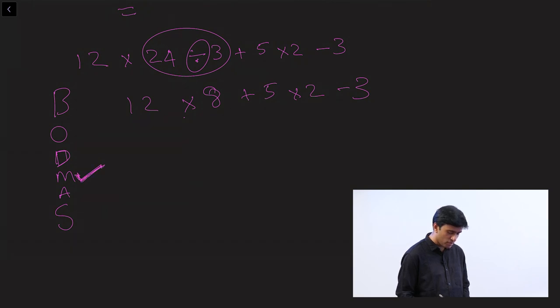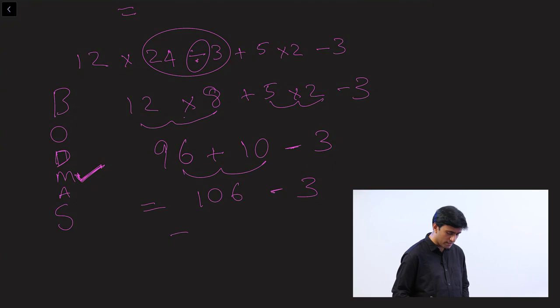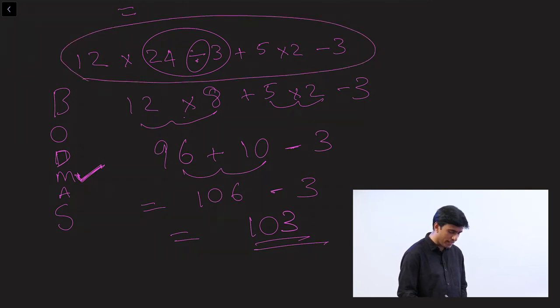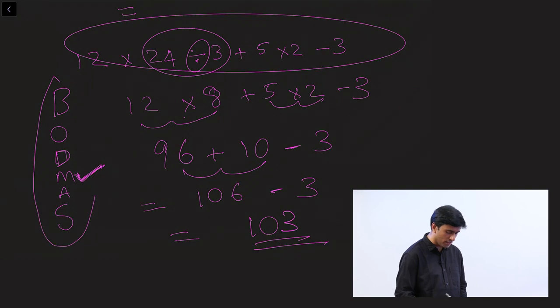So 12 into 8 is 96 plus 5 into 2 is 10 minus 3. You can go ahead and do your addition. 96 plus 10 is 106 minus 3. The answer is 103. You see, this is how you can solve a complicated mathematical expression using the BODMAS rule.